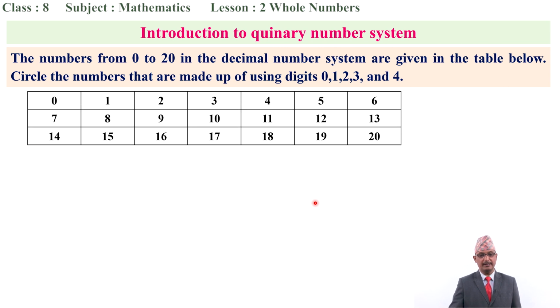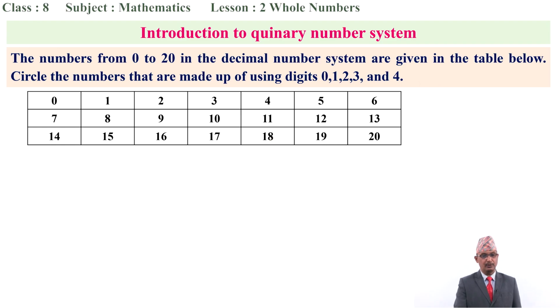Circle the numbers that are made up of using 0, 1, 2, 3 and 4. So we have to circle the numbers that are made of using the digits 0, 1, 2, 3 and 4.